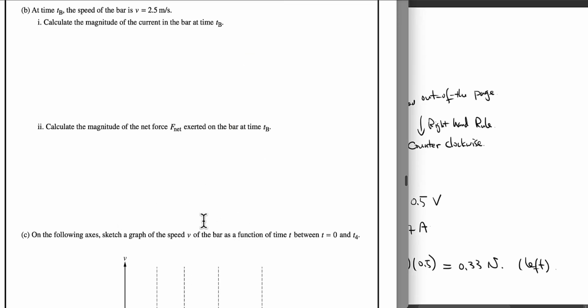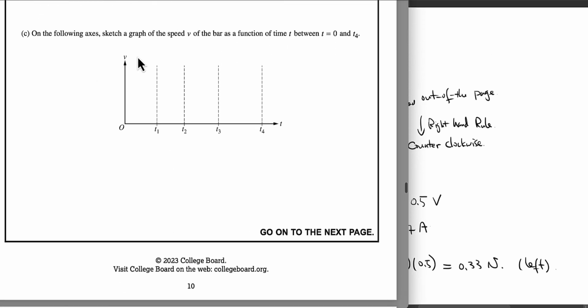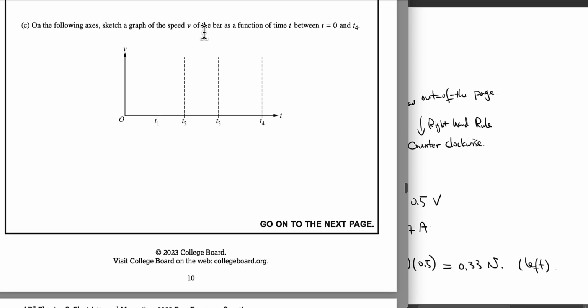Now question C. On the following axis, sketch a graph of the speed v of the bar as a function of time between t equals 0 and t equals t4.